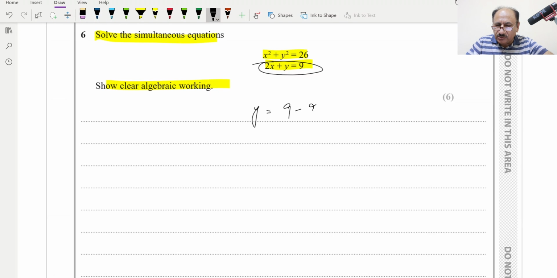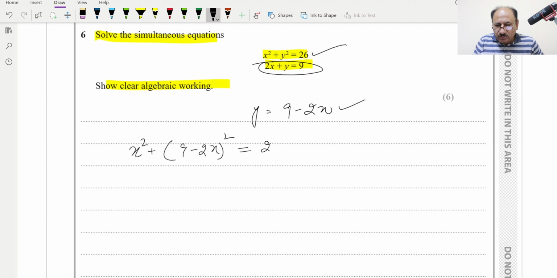So 9 minus 2x, this y value will be replacing in this equation, and our equation will become x squared plus y squared, meaning x squared plus (9 minus 2x) squared is equal to 26.